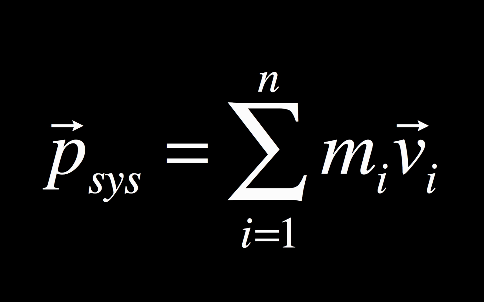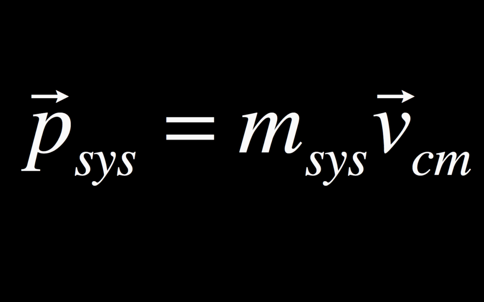For example, m1 times v1 plus m2 times v2 plus m3 times vector v3. You add all those up all the way to number n, the last one in the system, and you've got the system momentum. So I'll just throw one more equation in there, which can also be expressed like this: the mass of the system, the total mass, times the velocity of the center of mass of the system.